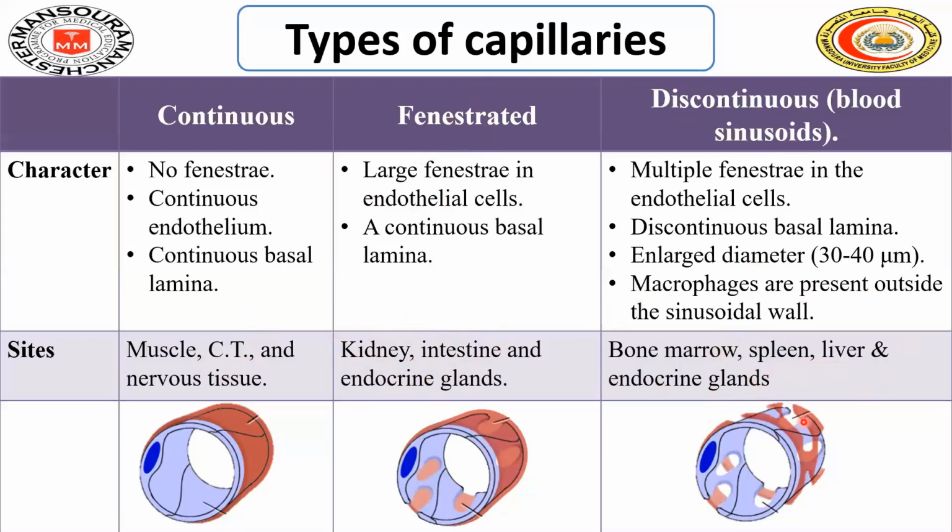So these are the sites of blood sinusoids in the body. Here we gather the information about the capillaries in this table. We differentiate the three types according to the characteristics, whether there are fenestrae or not in the wall, and the examples for the sites of presence of each type in the body.